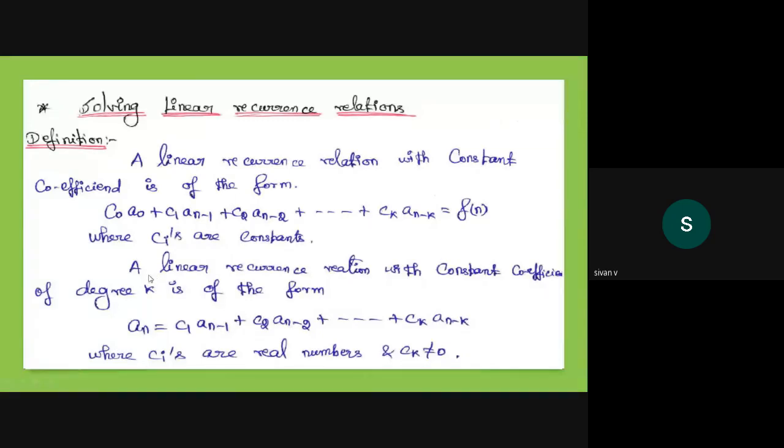The other way, a linear recurrence relation with constant coefficients of degree k is of the form an equals c1 an minus 1 plus c2 an minus 2 plus ... plus ck an minus k, where ci's are real numbers and ck is non-zero.